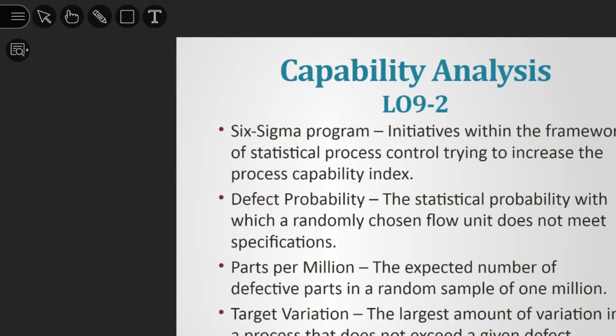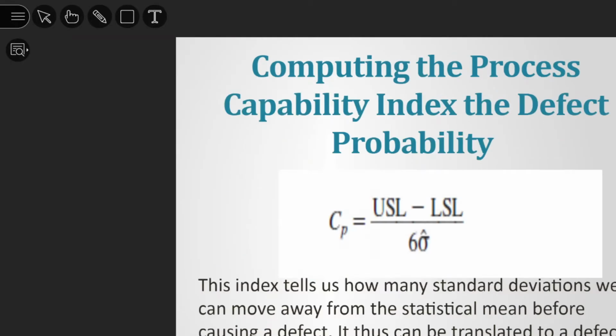Then we were analyzing how to build the target variation, and we came to the conclusion that if all of a sudden we were given a different assignment, we could build it utilizing the formula of capability index, which looked like this. Let's go one back. You see?